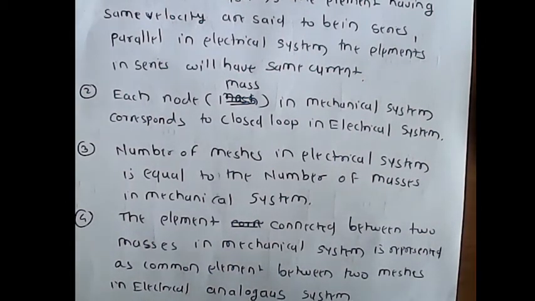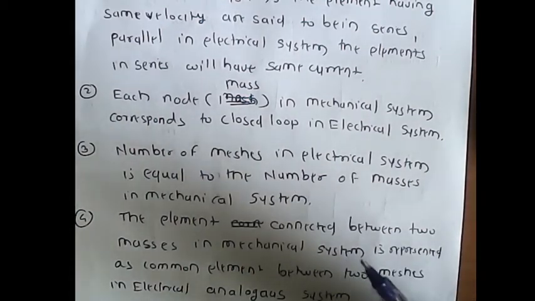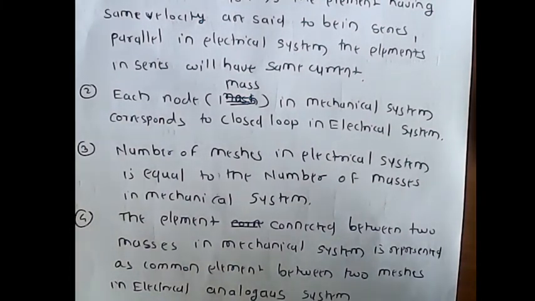So whenever we map a translation mechanical system into an electrical system, each mass in the mechanical system corresponds to a closed loop of the electrical system, and the number of meshes, which is the number of closed loops in the electrical system, is equivalent to the number of masses in the mechanical system.